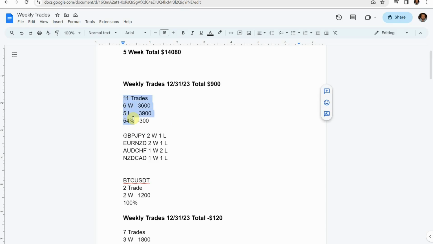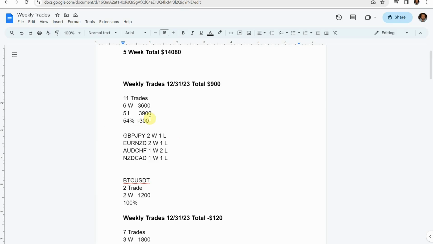Now, of course, we're still in that holiday trading season, and so the market's a little bit choppy and unforgiving right now, which is why the win rate is a little bit lower than usual. But even with that, a drawdown of $300 isn't too bad at all. So this is the reality of trading. You'll have good weeks and you'll have bad weeks.